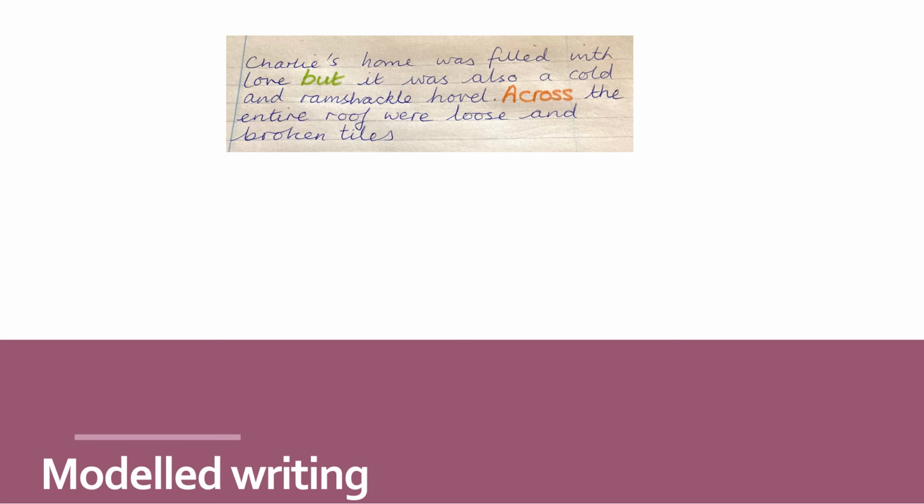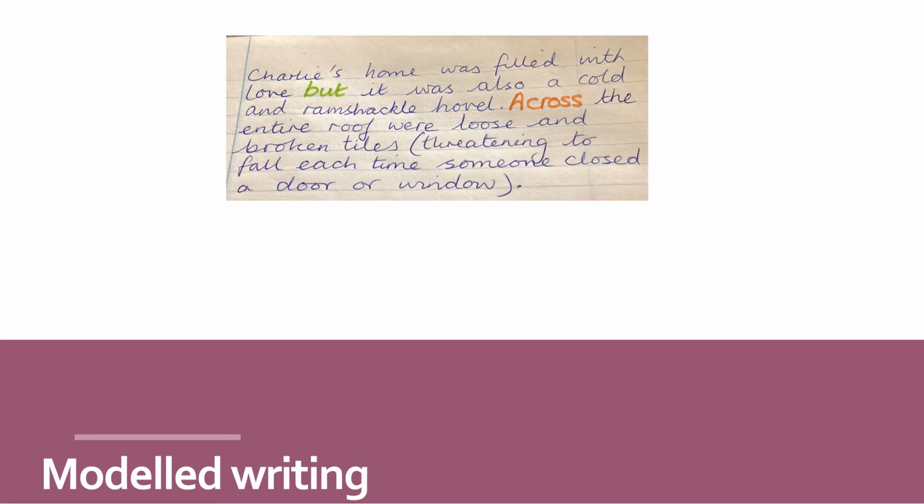Okay, once I finished that sentence, I decided I would start to talk about the roof, which goes across the entire thing. It's not just a part of the roof that's loose, it is the entire one. Across the entire roof were loose and broken tiles. So I can picture that in my head, but what extra detail am I going to add to make it more interesting? Here we go.